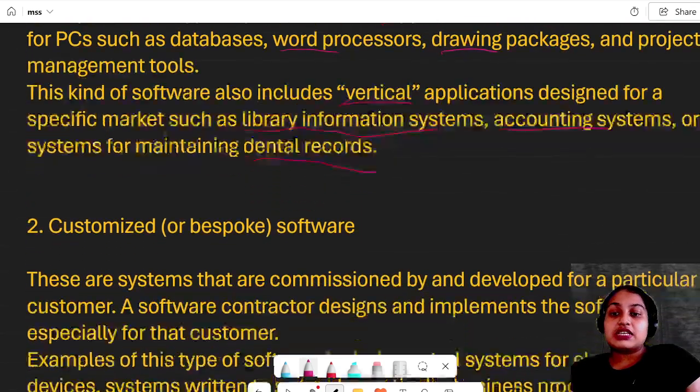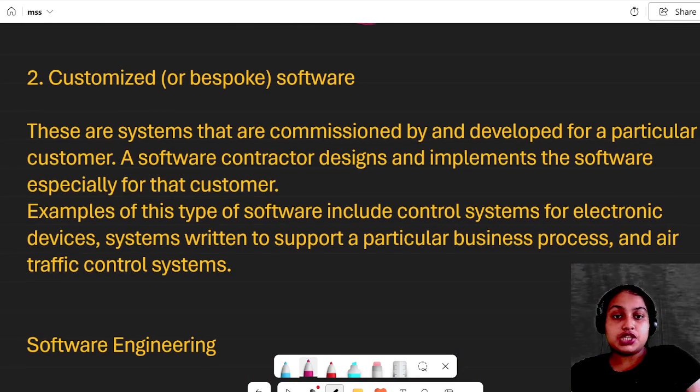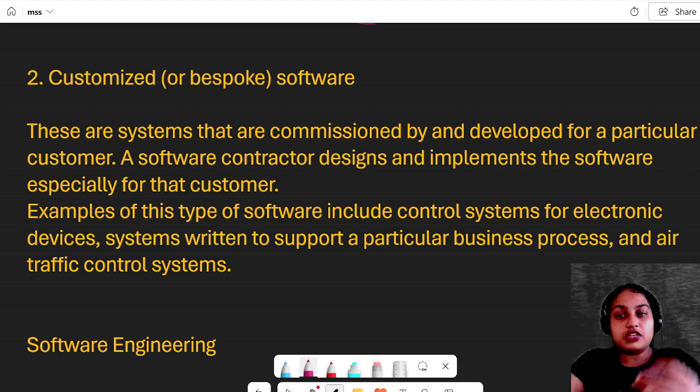But customized or bespoke software are systems that are commissioned by and developed for a particular customer. So customized is for a particular customer. A software contractor will design and implement the software especially for that particular customer.